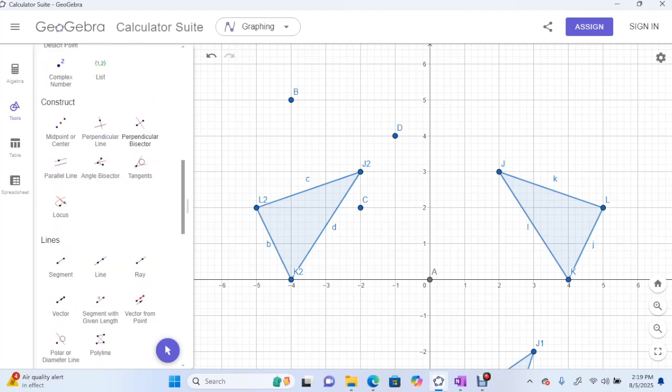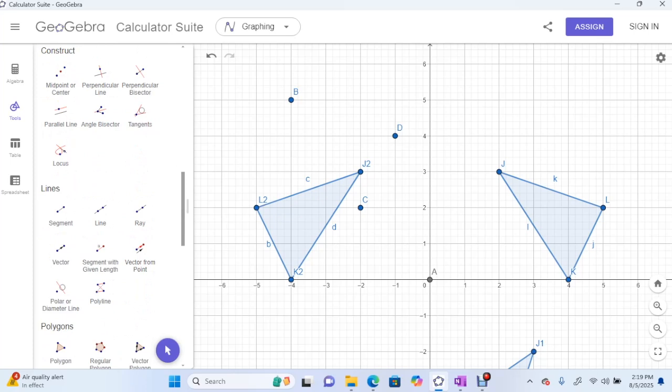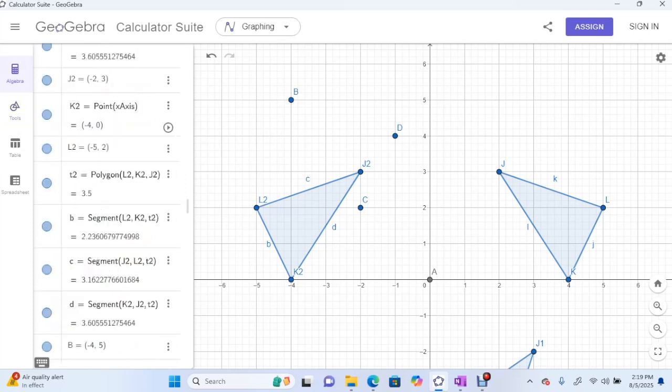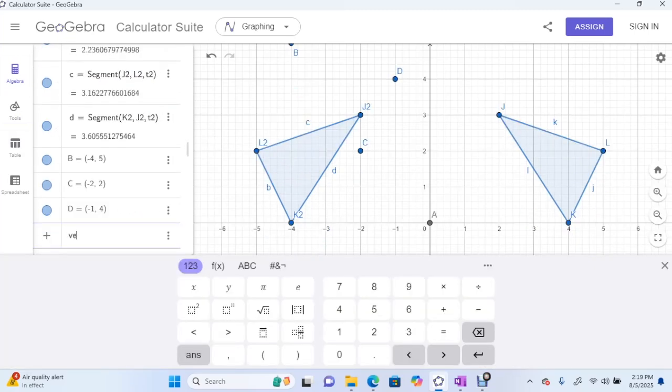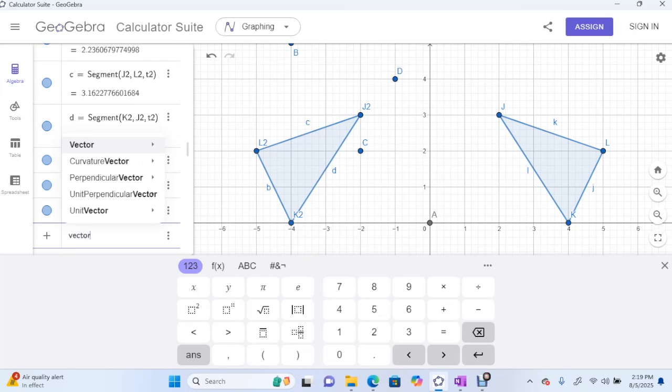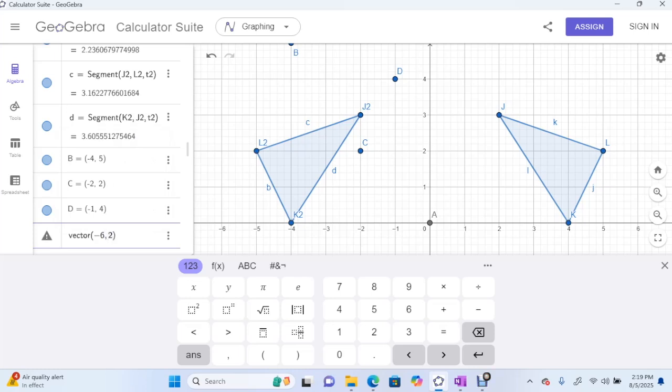I'm going to use the software to do this. Before I do that, let me define the vector under the algebra mode. So that's going to be vector, and the point is -6, 2. That was the vector.